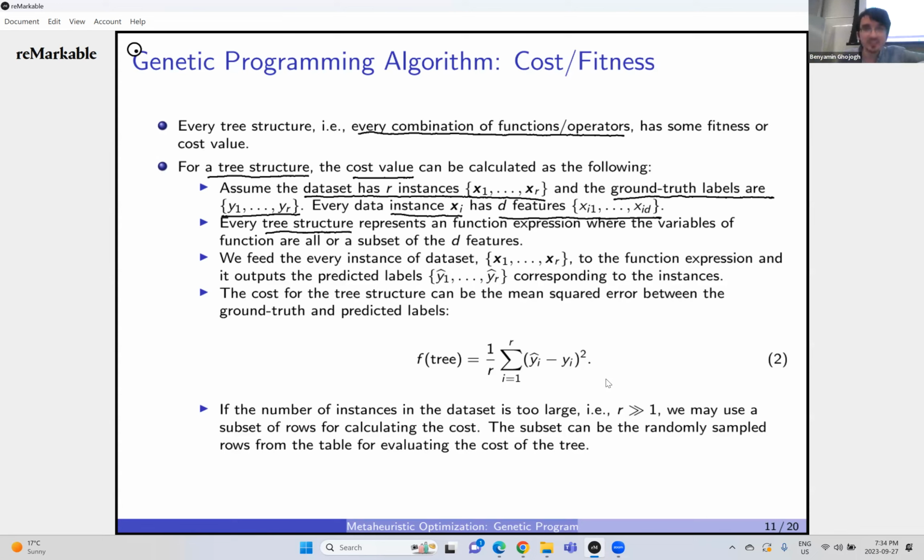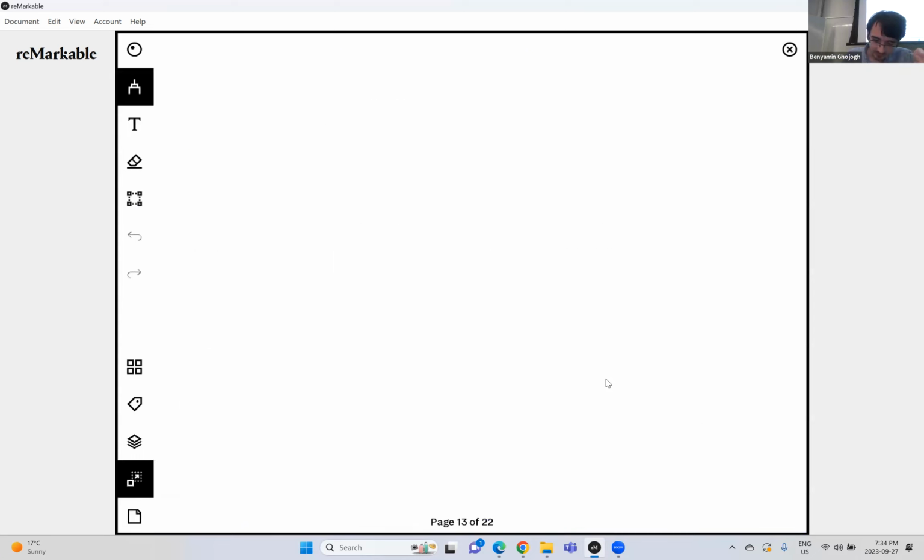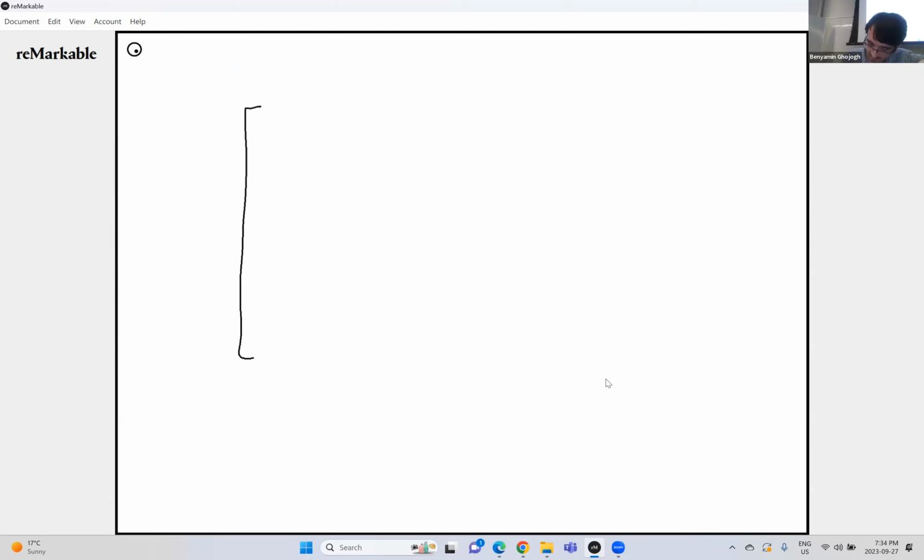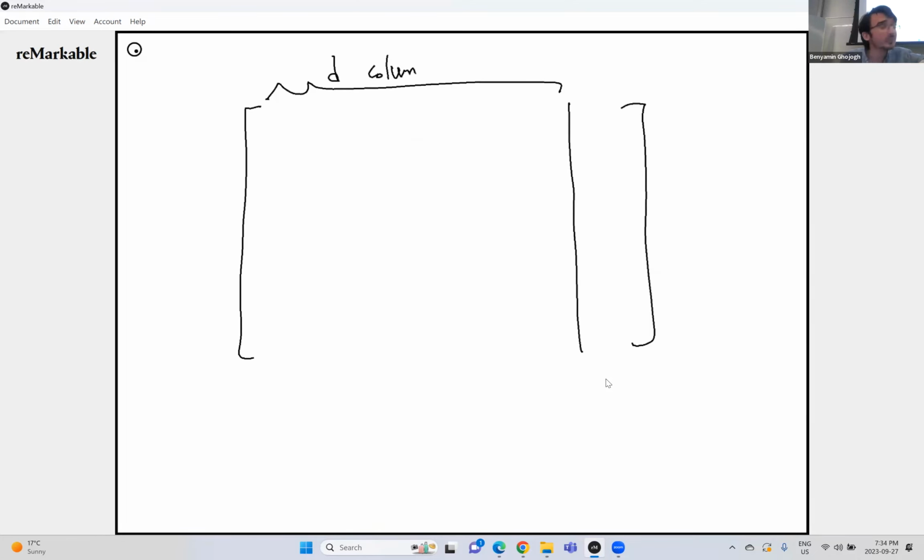Is it clear to you what I mean? Consider an Excel file, a CSV file. Then you have rows and columns, right? So assume you have D columns and R rows and one column at the end. These are y1 to yr, the labels.